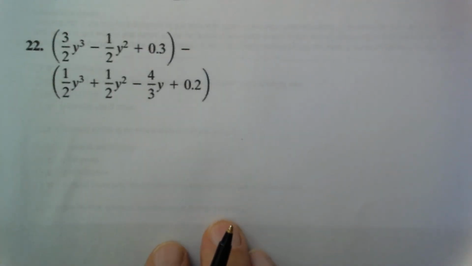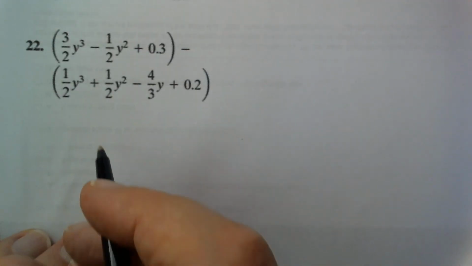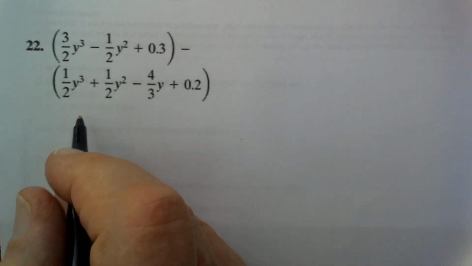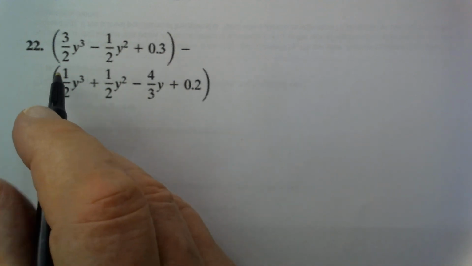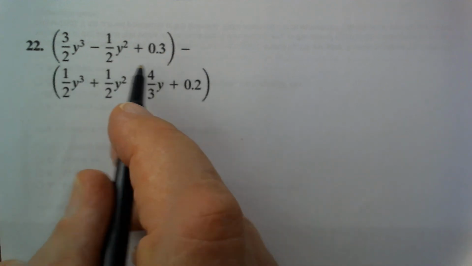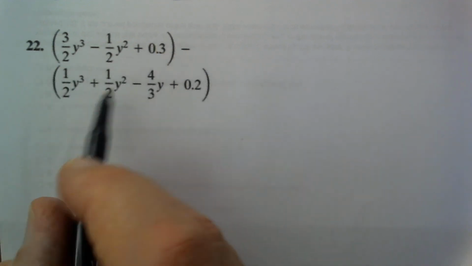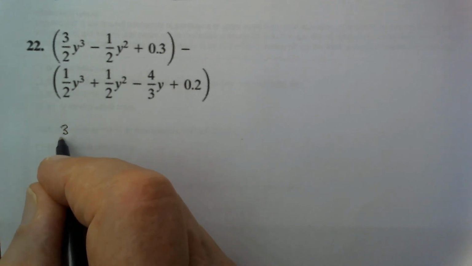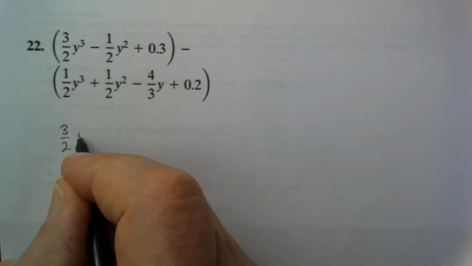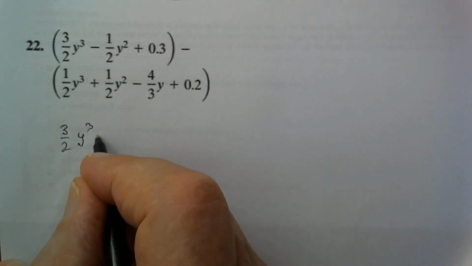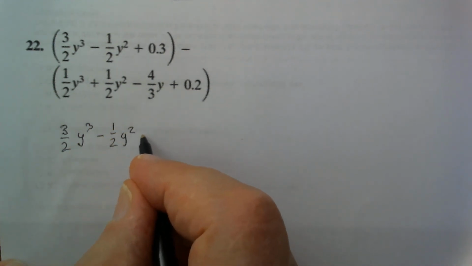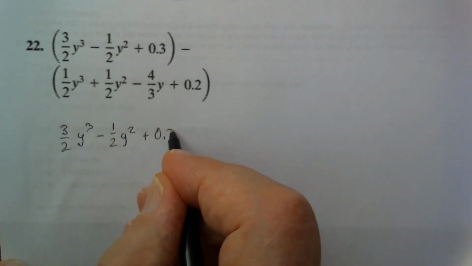The next exercise is also about subtracting two polynomials, except now we have fractions and decimals. So when we look at the first polynomial, it's preceded by a plus sign, so we can remove the parentheses and not do anything except writing down the terms. So 3/2 y to the 3rd minus 1/2 y squared plus 0.3.